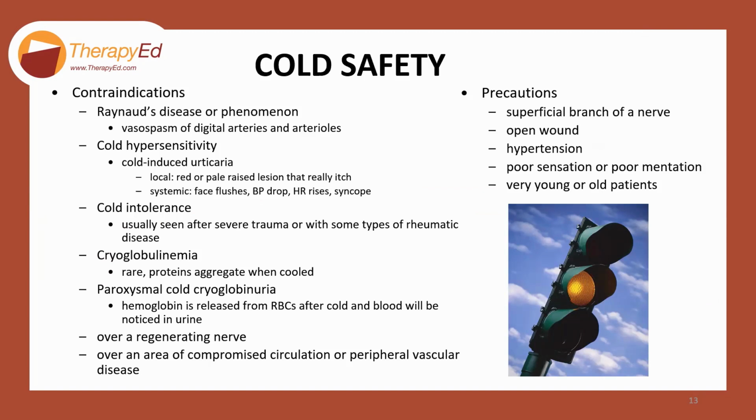Can you see it up there on the slide? Yep. Yeah, perfect. Now, I may be butchering the way that you're supposed to say cryoglobulinuria, but that's okay. The exam's not going to question you about how you pronounce things.